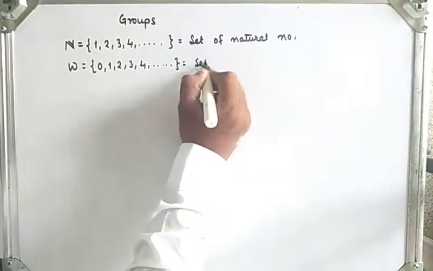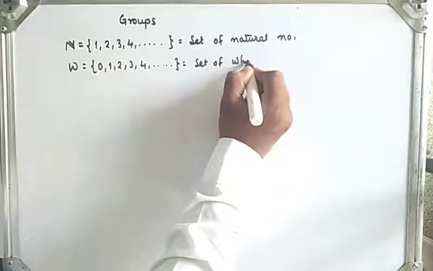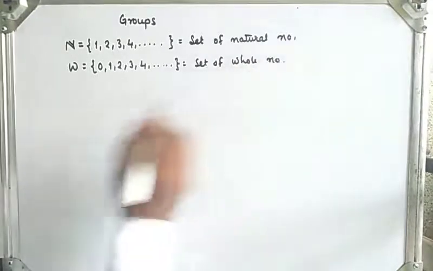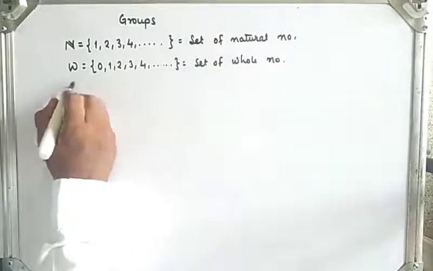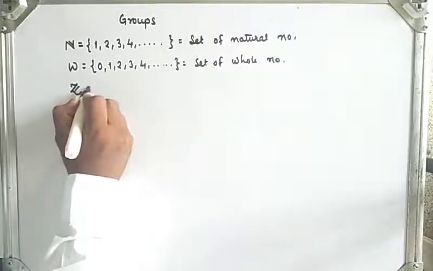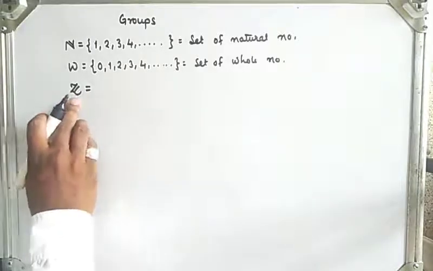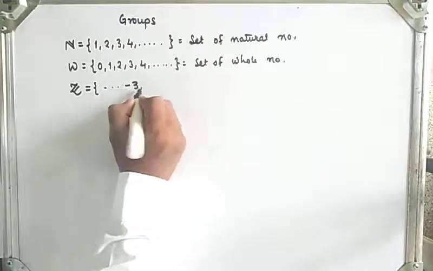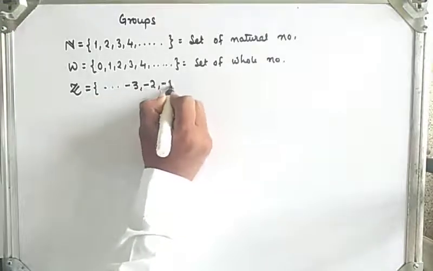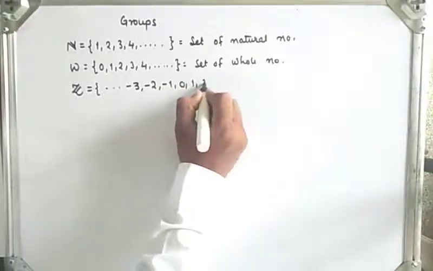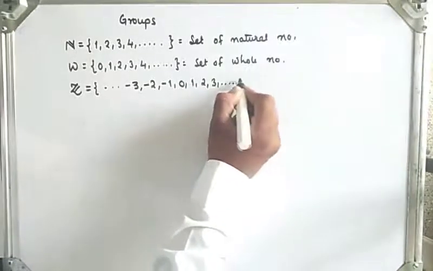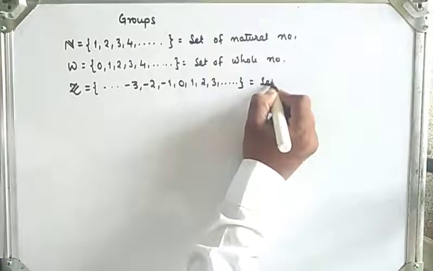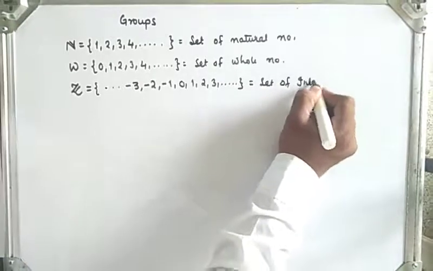This is the set of whole numbers. Now the next set is the set of integers, which is denoted by Z. The numbers are -3, -2, -1, 0, 1, 2, 3 and so on, which is the set of integers.